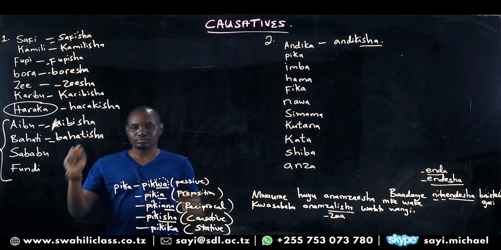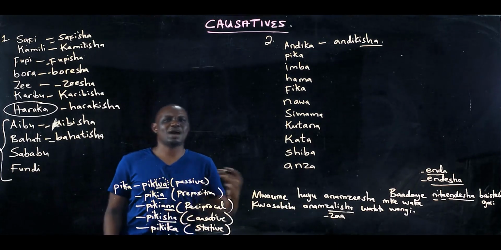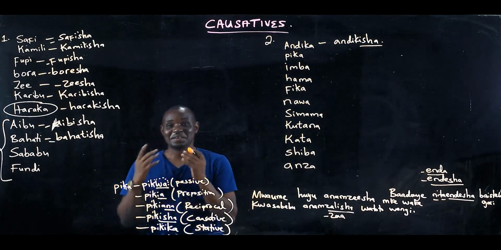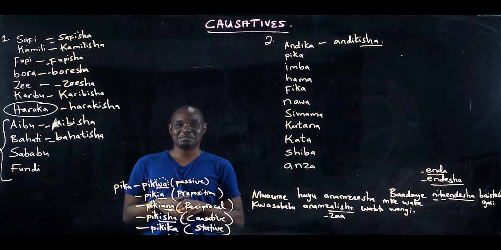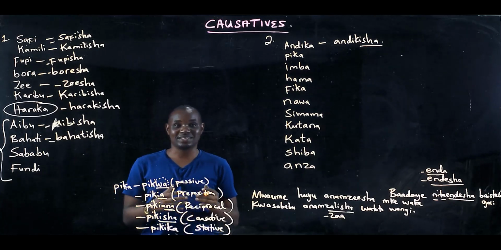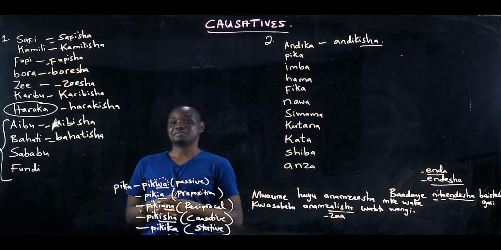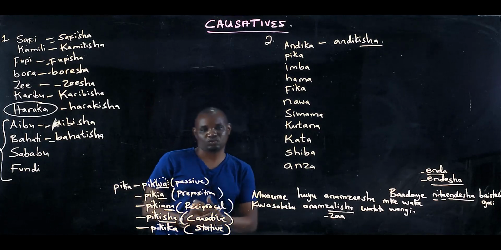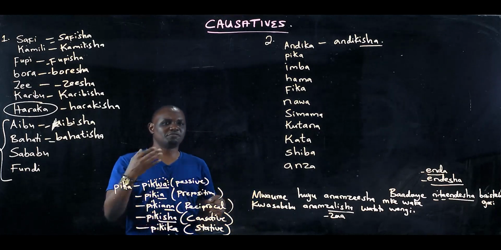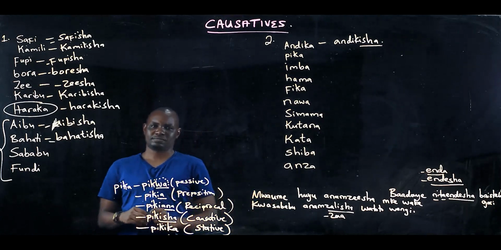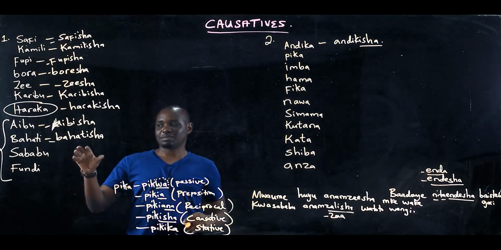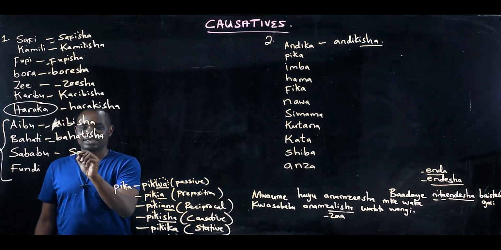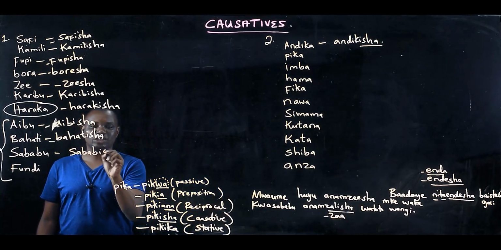Sababu. You know kwa sababu is because. So what does sababu mean? Sababu means reason. So I have my reason. Nina sababu zangu. Give me one reason. Nipe sababu moja. To make it causative will be sababisha.